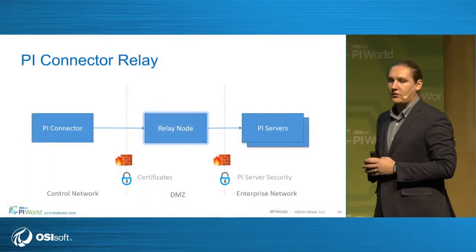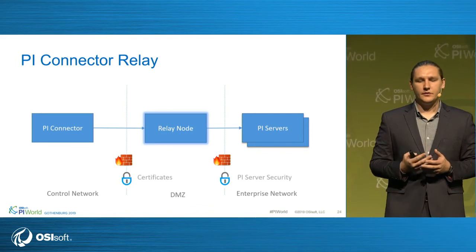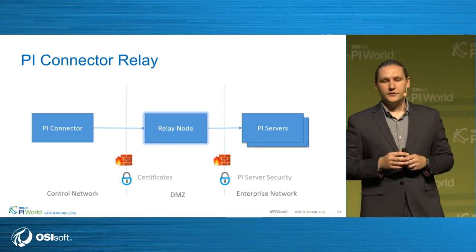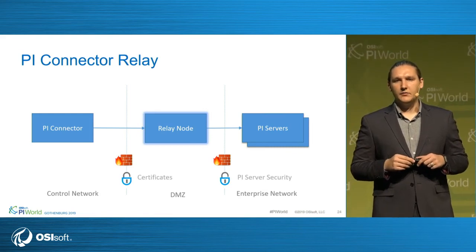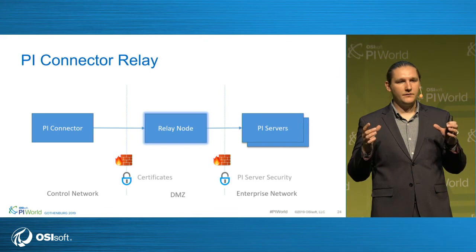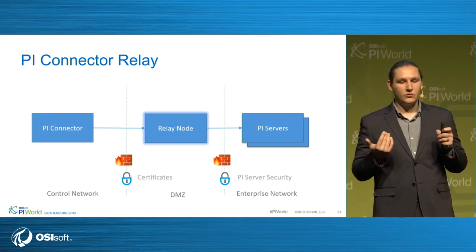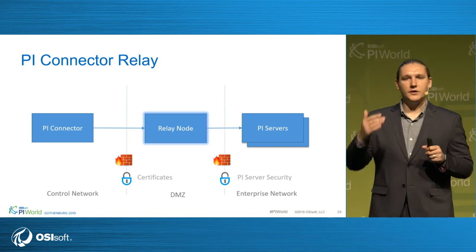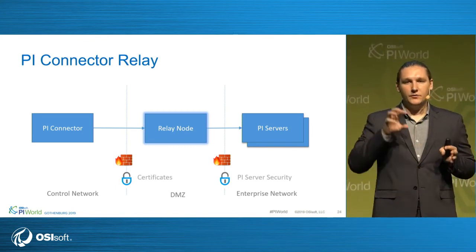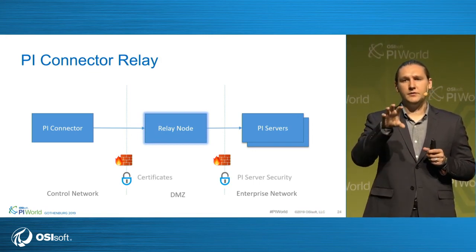Once we moved from PI interfaces to PI connectors, we also invented a new part of the PI system, which is the PI Connector Relay. And this is the same idea. We want to have all the connections going through only one firewall. That is why we can install all the connectors on the control network. Then we implement the PI Connector Relay in the DMZ zone.